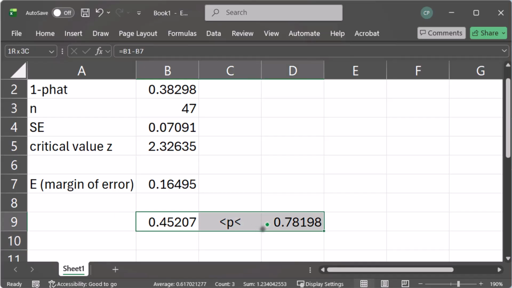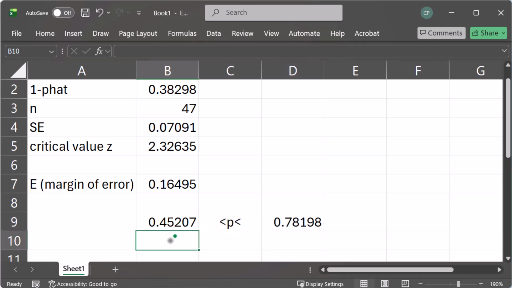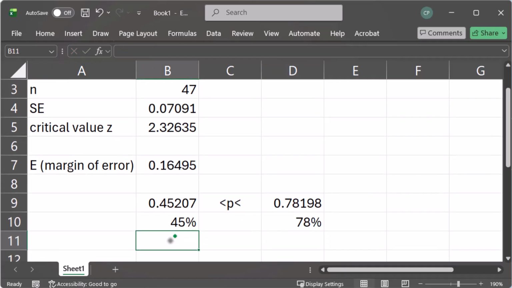In this case, this is saying that the true population proportion is somewhere between 0.45207 and 0.78198. And because these are proportions, we often would interpret these as percentages. So this is about 45% to about 78%.